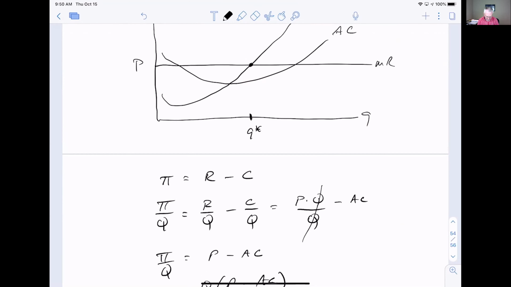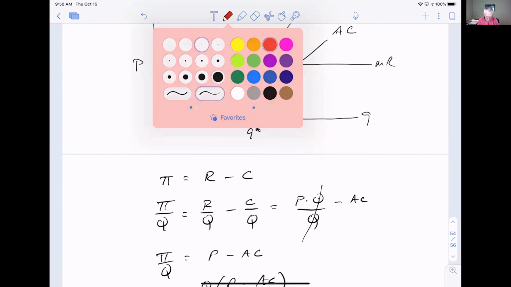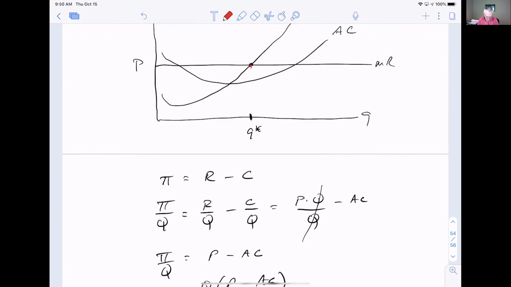So that would be this distance right here. This is price. This is average cost at Q star. So that's my average profit, price minus average cost. And if I multiply that by Q, then I get total profits. So my total profits would be that rectangle there: the difference between price and average cost times Q.